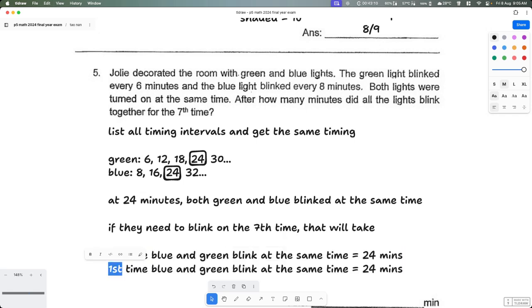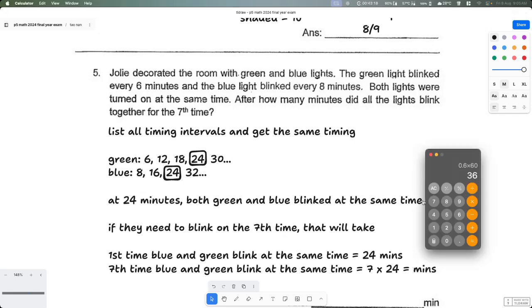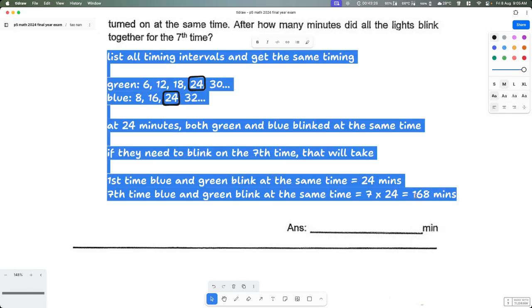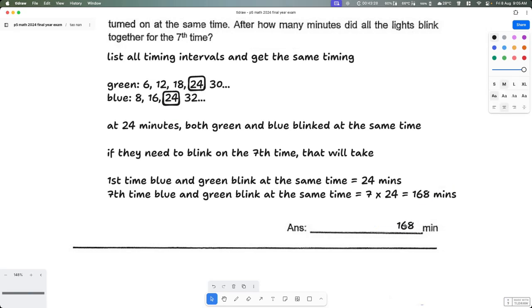Then the 7th time will be 7 times 24, which is equal to 7 multiplied by 24, 168 minutes. All right, and that's it. That's the answer: 168 minutes.